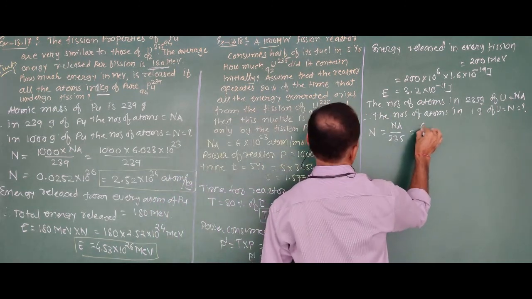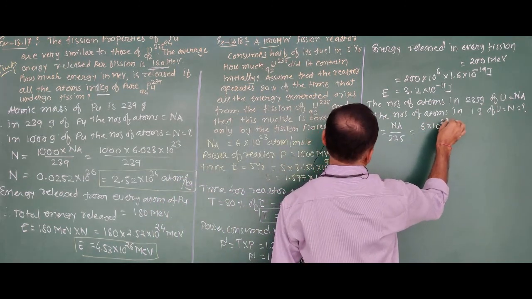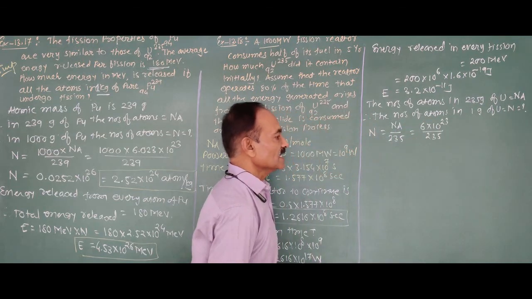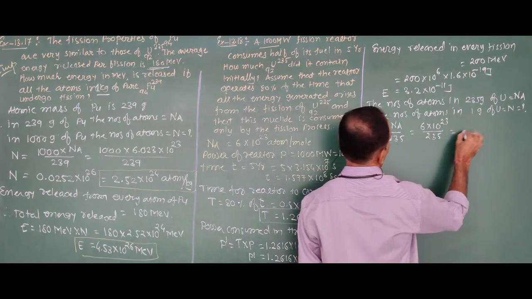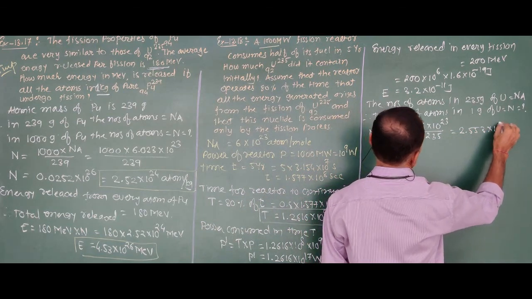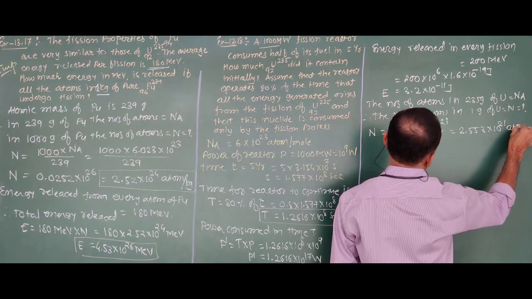N is 6 into 10 to the 23 upon 235. Thus you obtain 2.553 into 10 to the 21 atoms per gram.